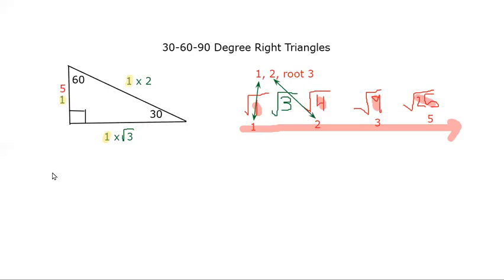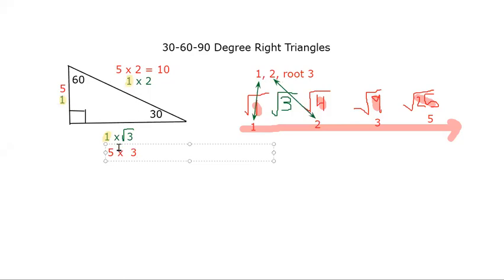Now look at your yellow highlighted patterns. What do we do with the measurement of the short leg? Times 2 to get the hypotenuse. So 5 times 2 equals 10. So your hypotenuse is 10. What is the longer leg measurement? Well, the longer leg measurement is 5 times root 3.